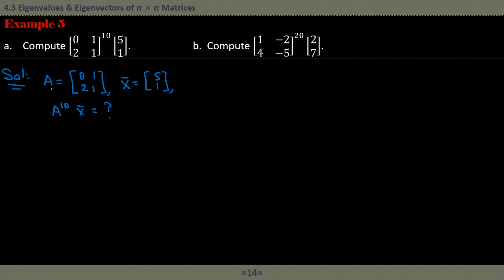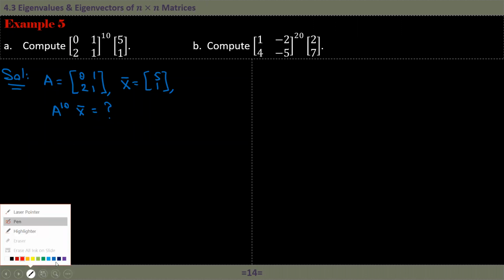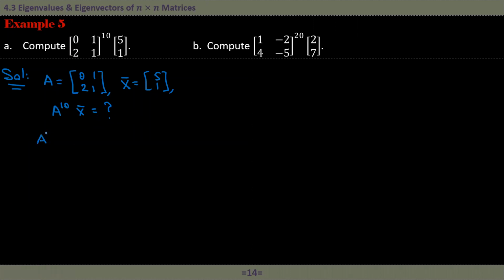Assume that the eigenvalue of A is lambda. Then A to the power of 10 times x will be equal to lambda to the power of 10 times vector x, just using the previous theorem.